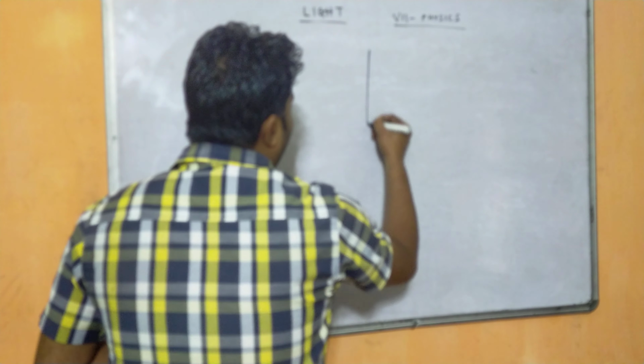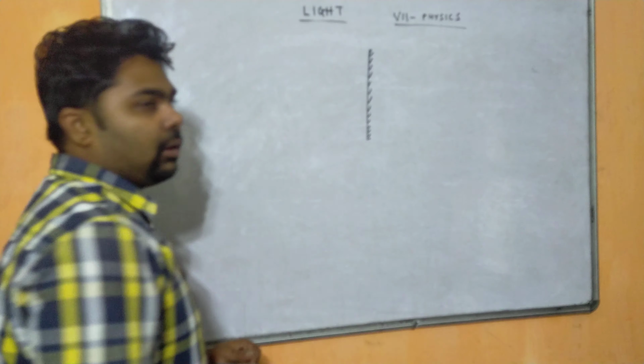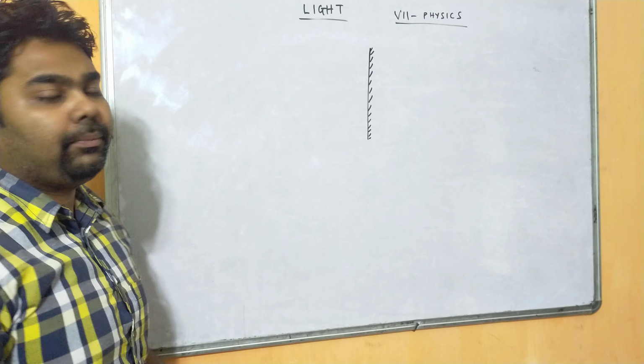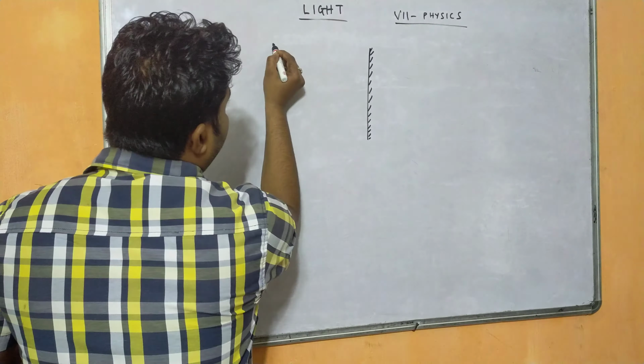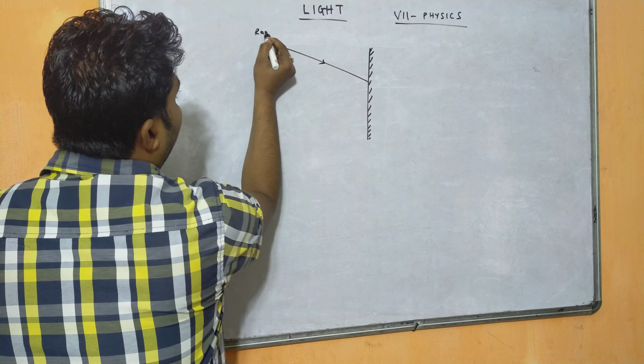So if I draw here one mirror, right? This is a plane mirror. Now whenever a light falls here, this is called a ray of light. Now I can ask you, what is a ray of light? What does a ray of light mean?